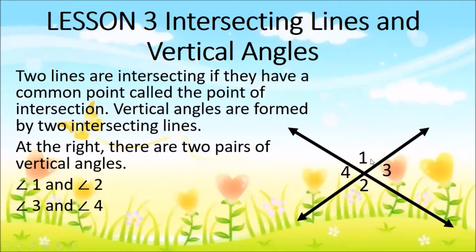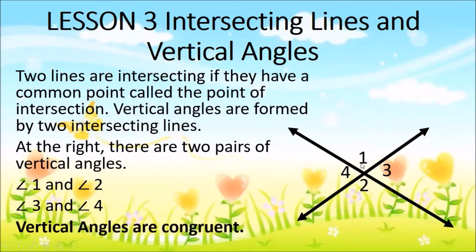In terms of their measure, they are congruent. Vertical angles are congruent. If angle 1 is 110 degrees, angle 2 is also 110 degrees. Observe natin, angle 1 and angle 3 are supplementary. They form a straight angle.